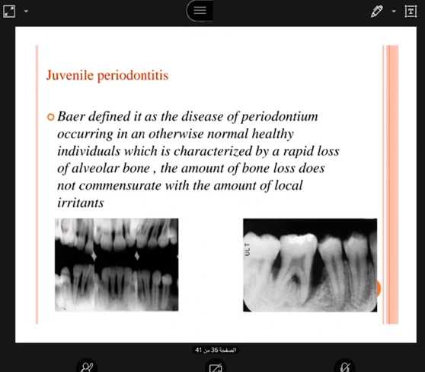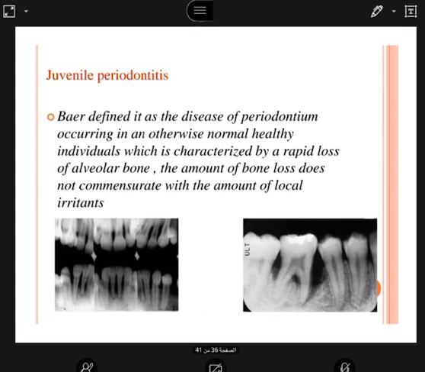But in an individual with very little calculus, you see a very big periodontal bone loss. That is what is called juvenile periodontitis. The amount of bone loss is not proportionate to the amount of local irritants present.